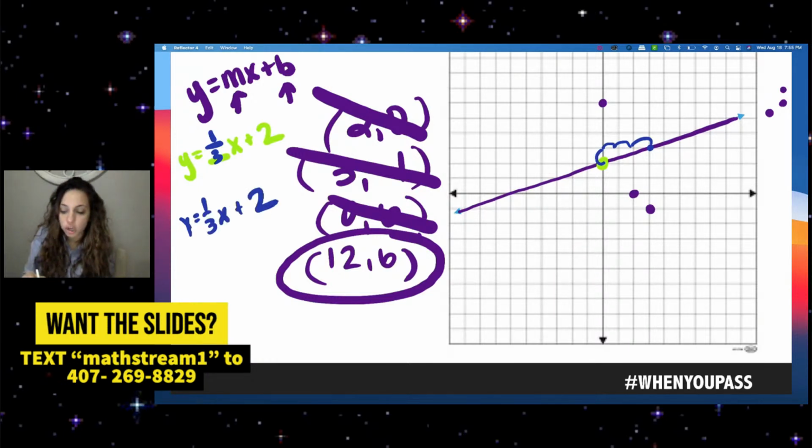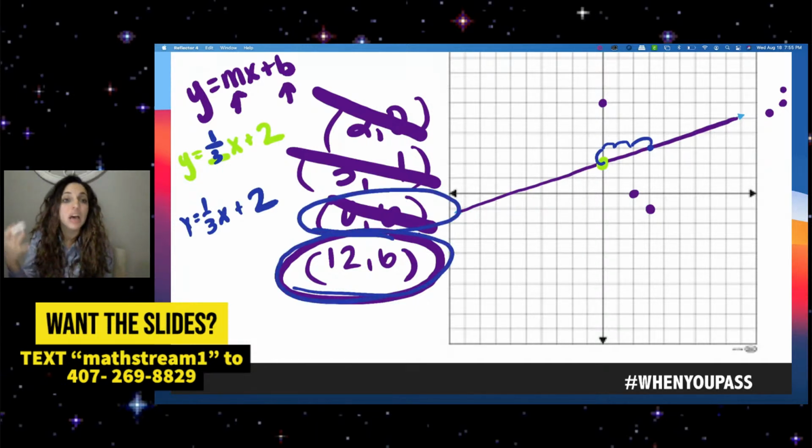And then I could plug each of the points that I was confused about in to see which equation is going to work and which isn't. So I could plug in the x, the 12, and the 6 and see if it equals. And in this case, it's going to. But like I said, if we had multiple points where we weren't sure if they would work or not, that's how we would solve it.